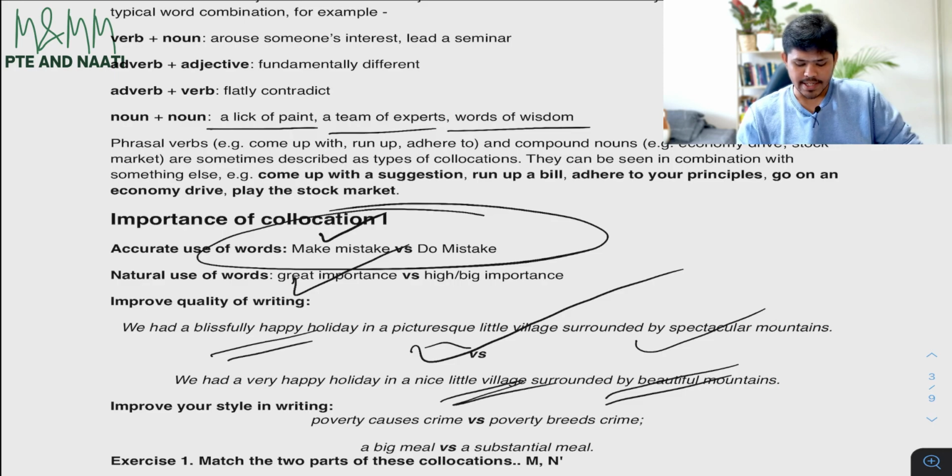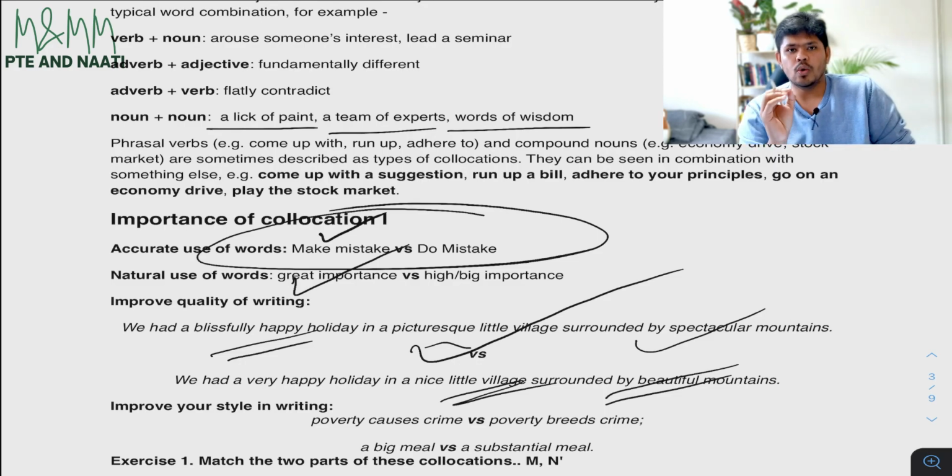Next, nice little village. Now, why is nice little village changed to picturesque? What is picturesque? Picturesque is nothing else but a way of describing any natural scenario in a good way, that you are looking at some natural scenario and it makes you feel very happy. It makes you feel very proud. It just brings a smile on your face.